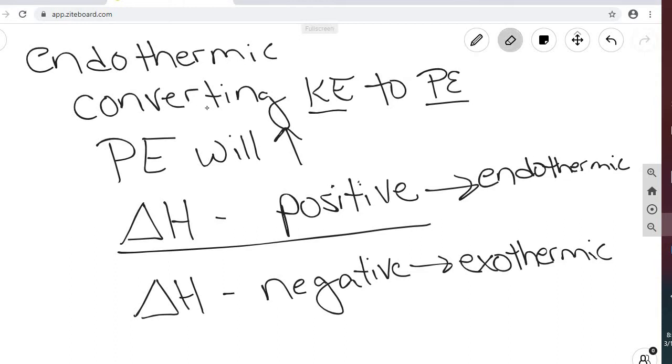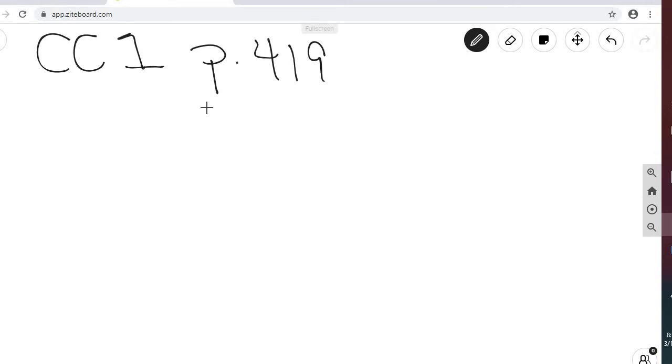So let's look at some comprehension checks. Let's look at comprehension check number 1, on page 419 in your book. In that one we are given 3 different delta H's.